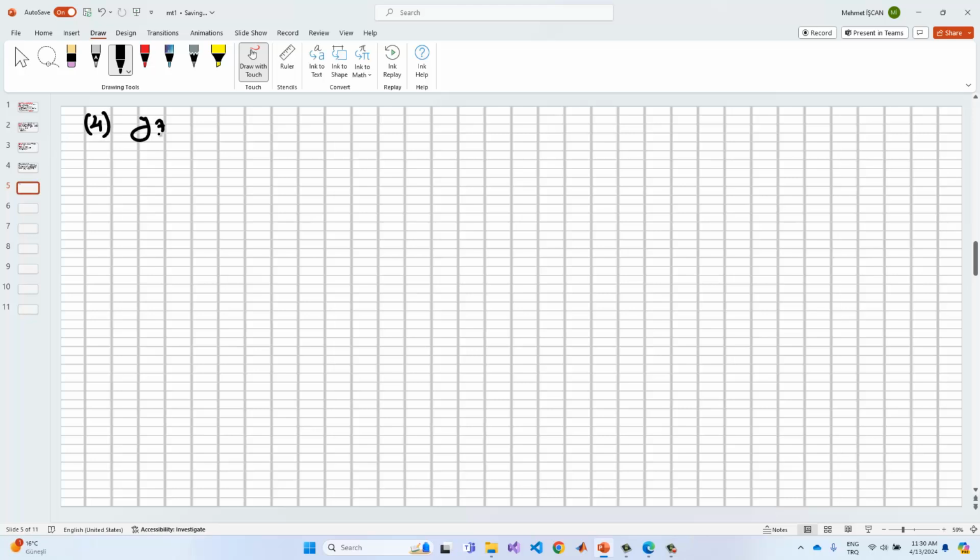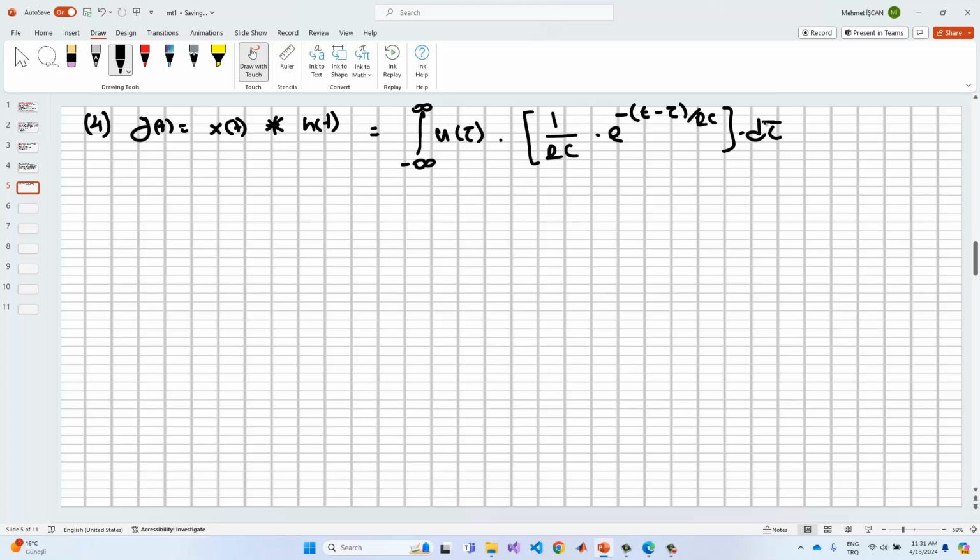the Y T, the convolution X T star H T, can be calculated with the integral from minus infinity to infinity of U tau. This is the input value, the unit step function. And we can write 1 divided by RC times the exponential term minus, in this case we have T minus tau in here, just remember that, and we can take the d tau in here.